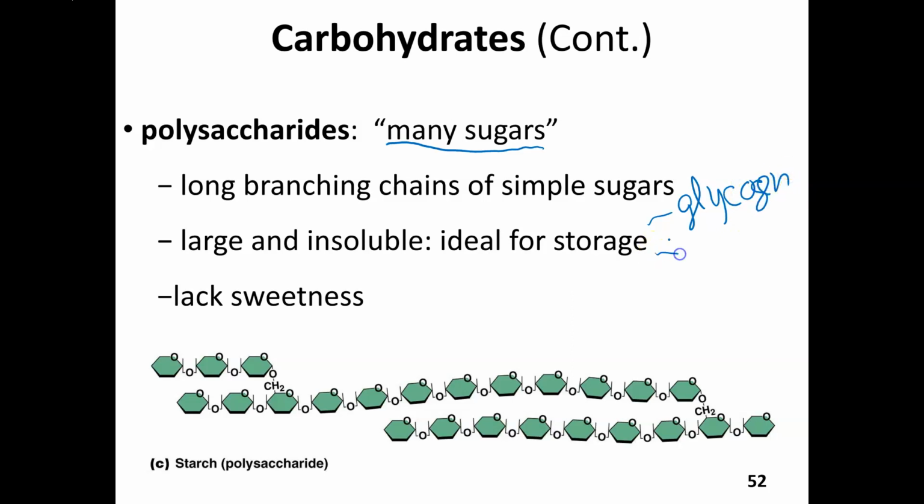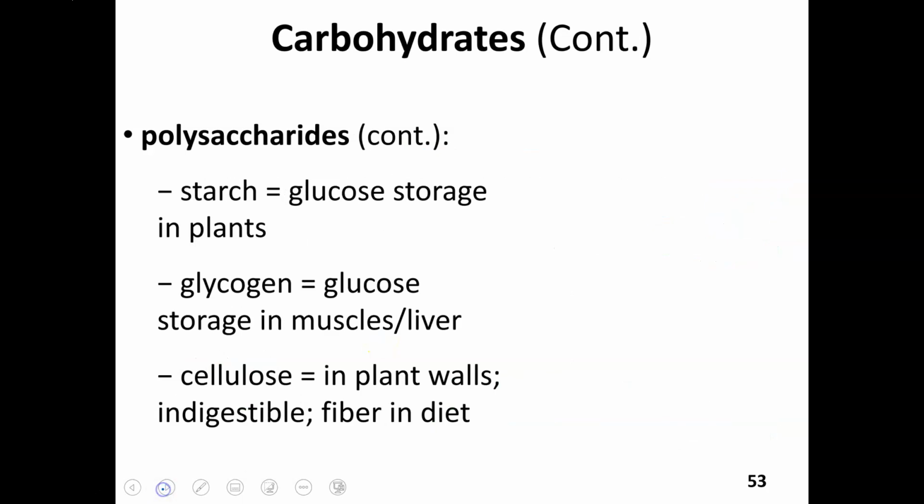Plants store glucose as starch. So glucose storage in plants is starch, and glucose storage in animals is glycogen. And then we have some polysaccharides that aren't storage, they're more structural.